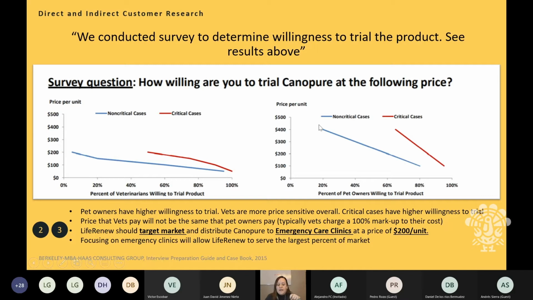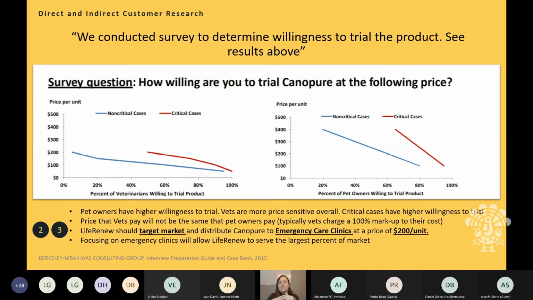And it is like the indirect customer. When they asked the pet owners, they said if you price at 400, 20%. So they are more willing to pay a little bit more for a blood substitute because it is their pet. They love their pet. And that's what you need to understand as well, how your indirect customers behave.